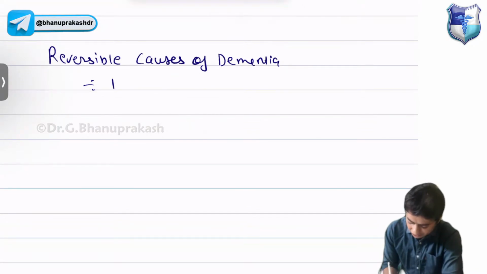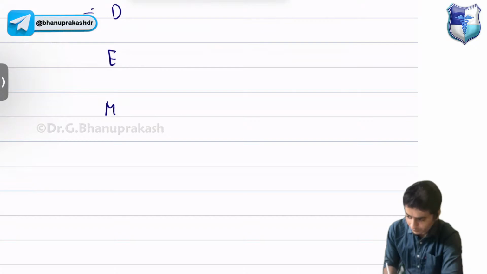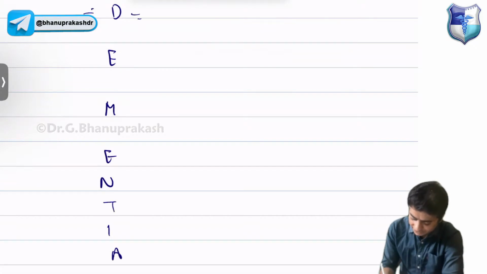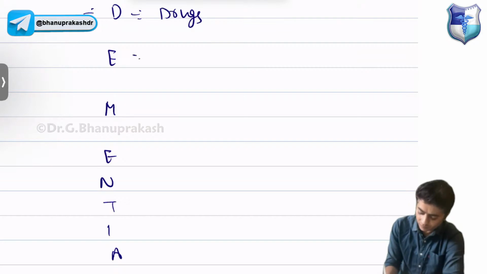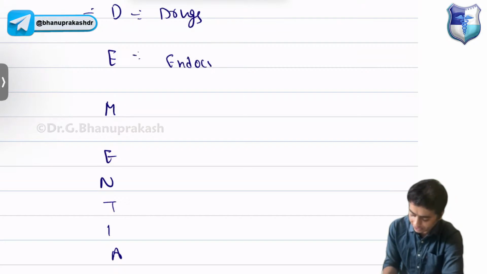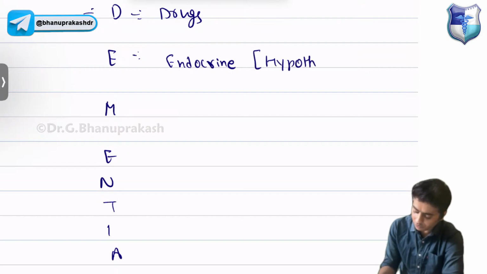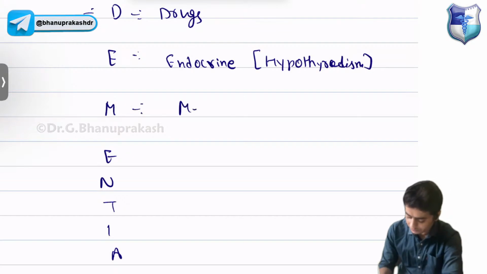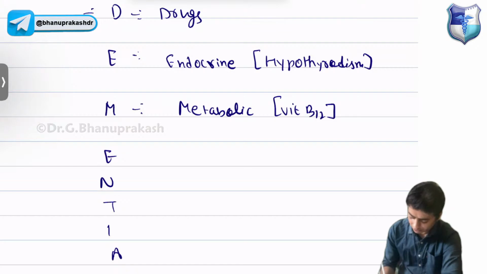So what is the mnemonic? It is DEMENTIA, where D stands for drugs, like benzodiazepine, TCA. E for endocrine, that is hypothyroidism. M stands for metabolic, that is vitamin B12.